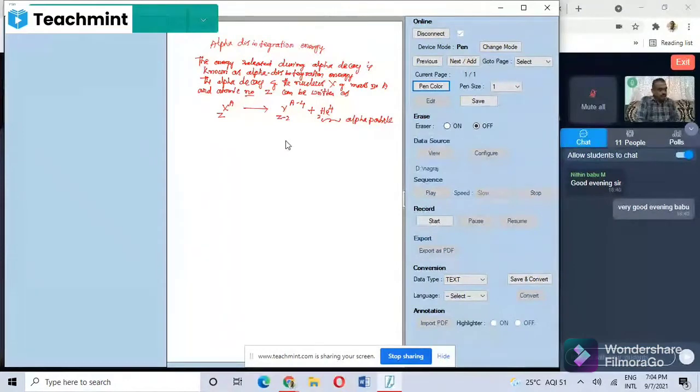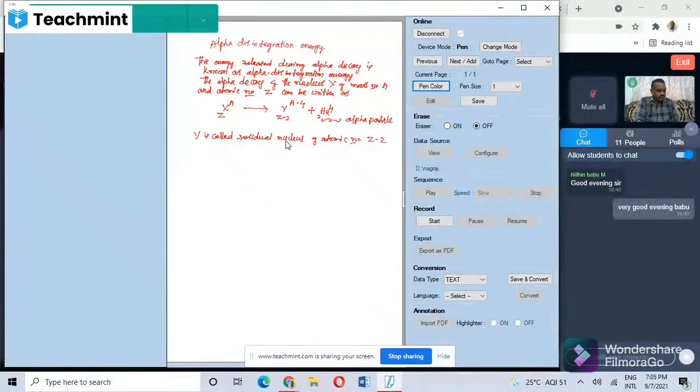And here Y is called a residual nucleus, and its atomic number is Z minus 2 and mass number is A minus 4.